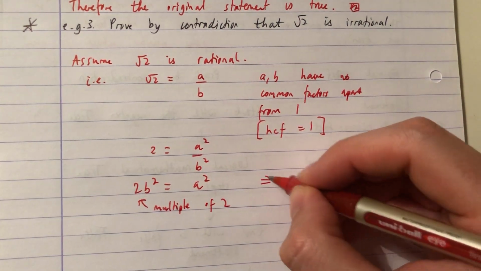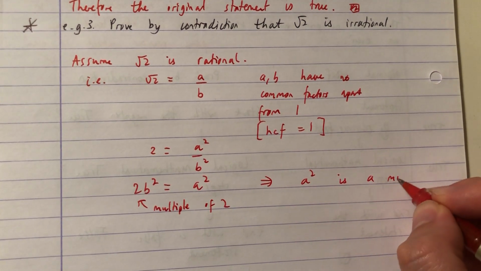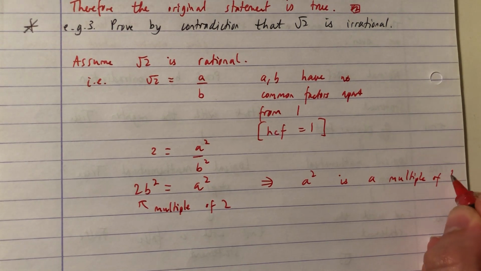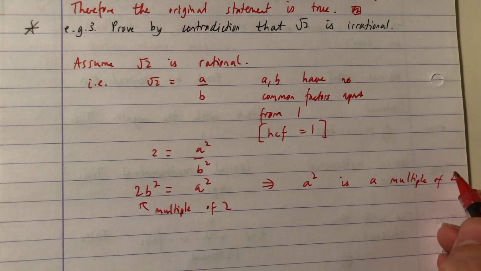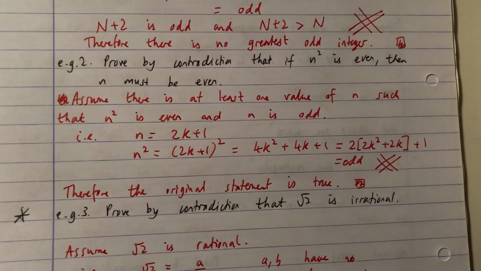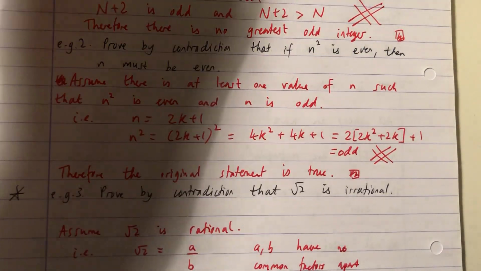Which means the right-hand side is a multiple of 2. I've just proven this is done in example 2 as well. If n squared is even, then n must be even.